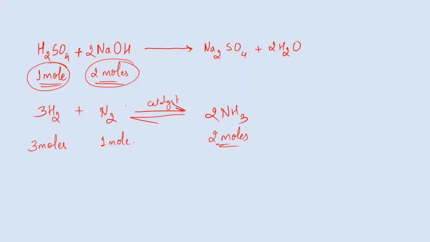So unless and until I added these coefficients here, I was not able to tell how many moles are required for this particular reaction to happen. So balancing of a chemical reaction is important, because in nature we are following the law of conservation of mass.